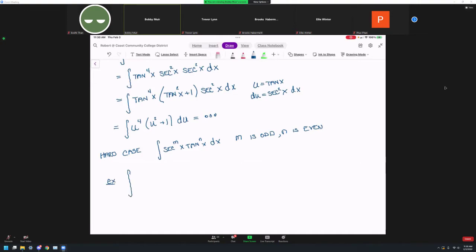Just integrating secant of x. Okay. So there's a trick to this one.